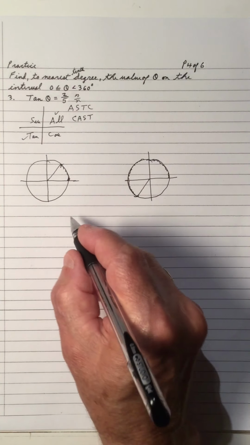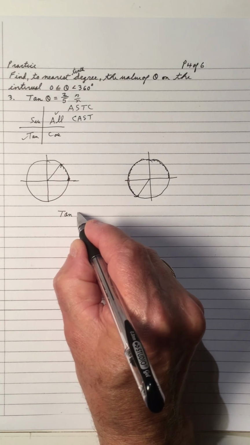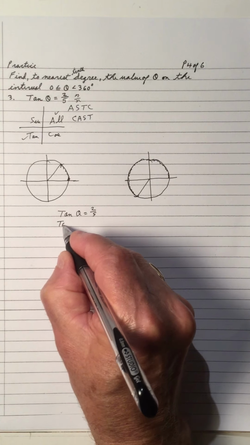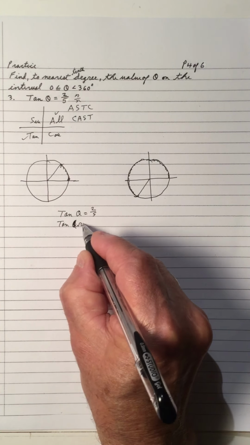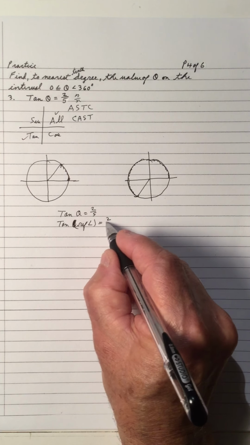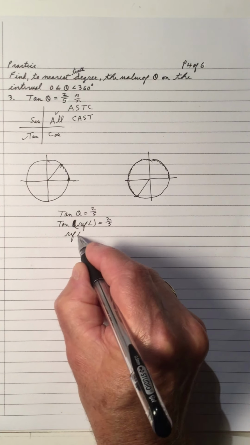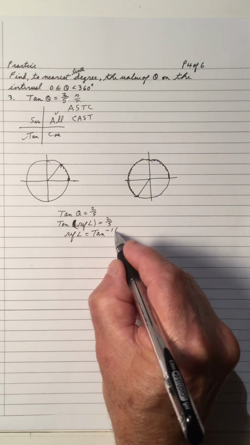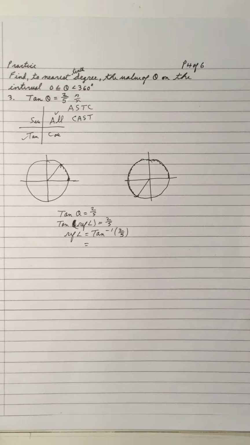In any case, let's have a look and work out the tan of theta is 2/5. So the tan of the reference angle, mark that, reference angle is 2/5. It's already positive, but I'm finding the reference angle. So the reference angle is tan to the -1 of 2/5. And pick up our calculator.